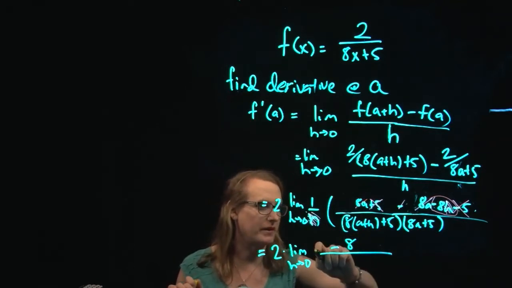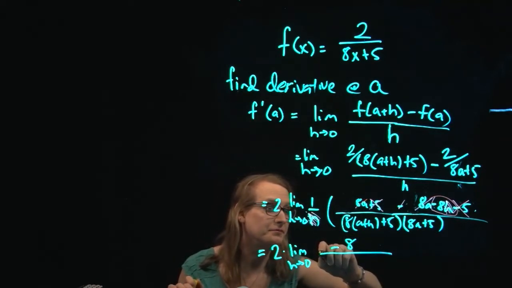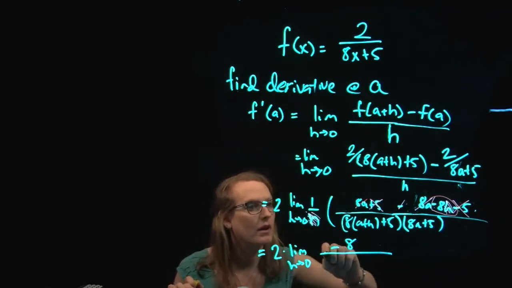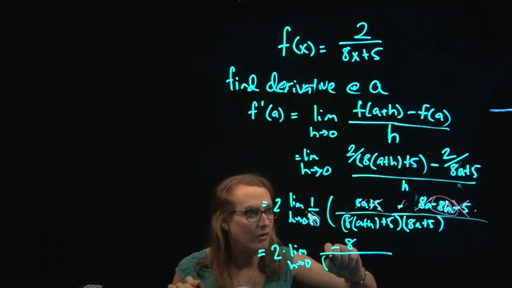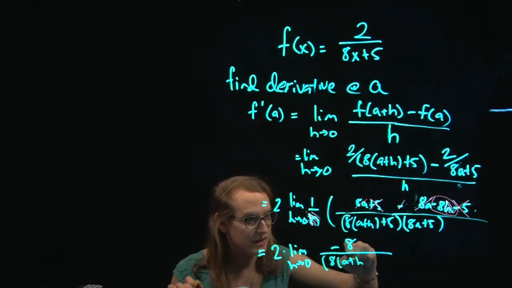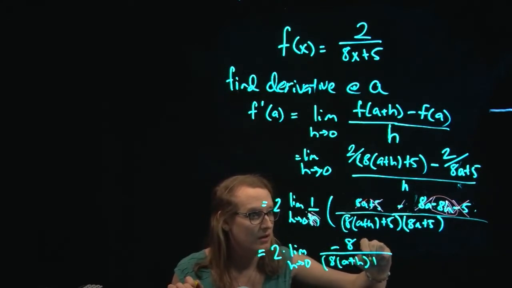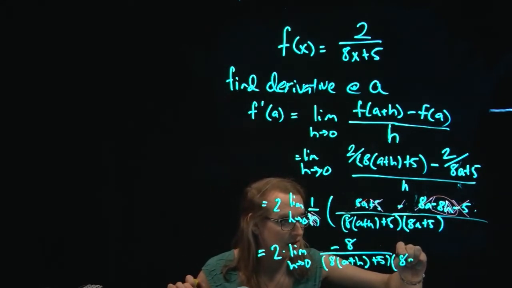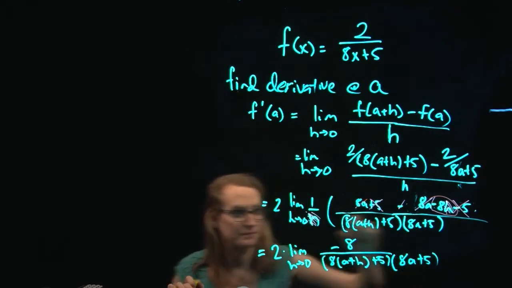And there's no way that I'm foiling that out. So 8a plus h plus 5 times 8a plus 5.